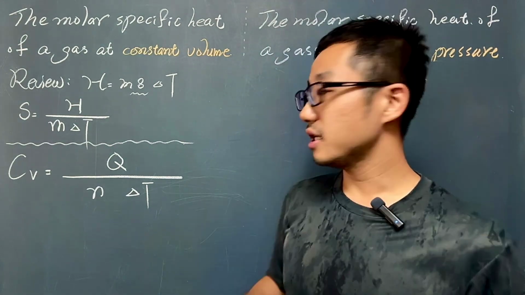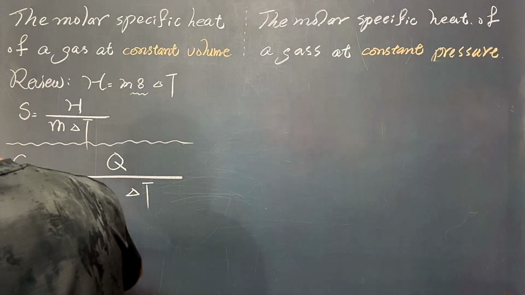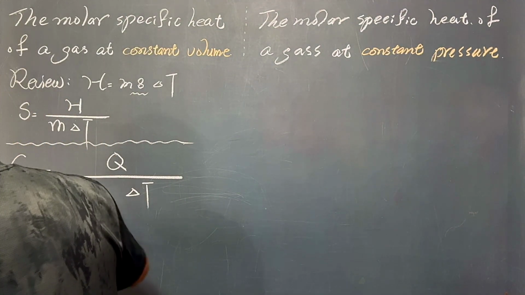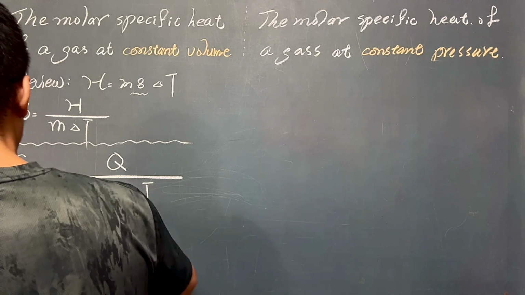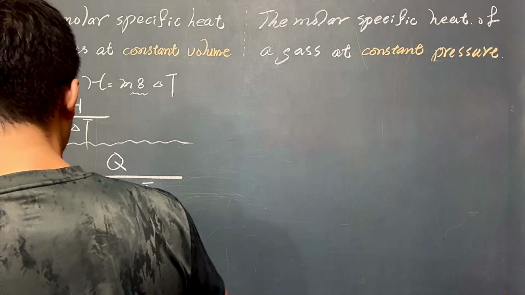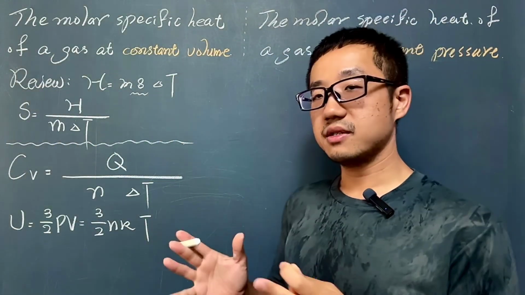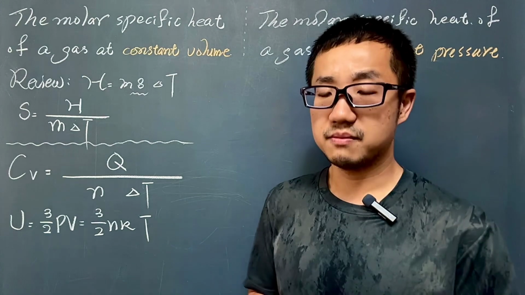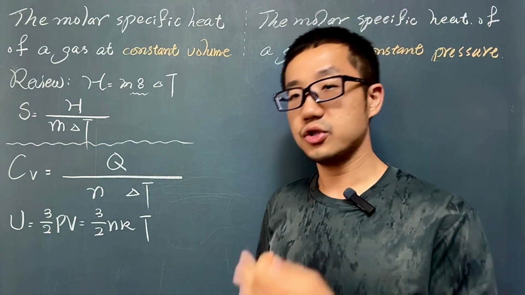So what is internal energy? Internal energy, U, is 3/2 PV, or 3/2 nRT. Now, the volume is a constant. All the energy you are now absorbing will be transferred to the kinetic energy, to the internal energy.